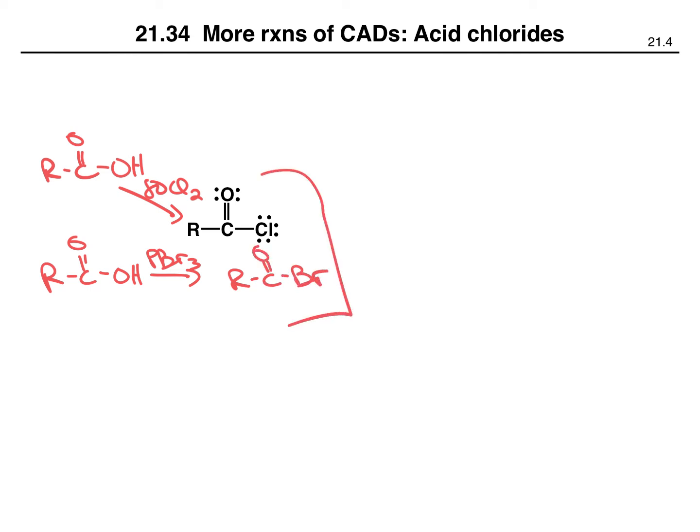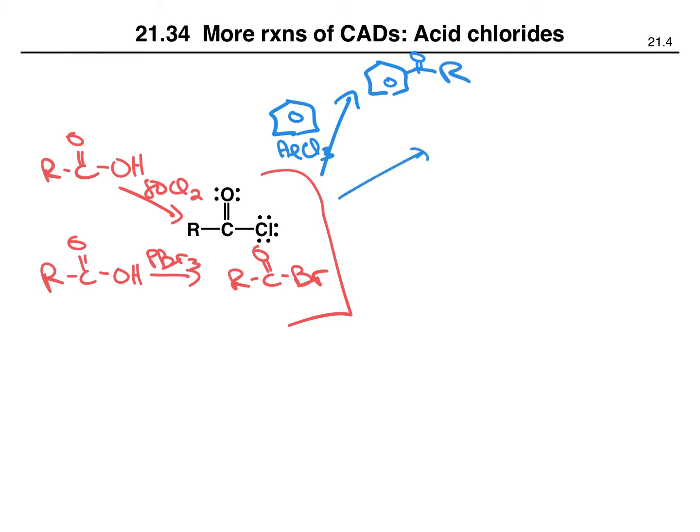Now, an acid chloride or an acid bromide will undergo the same reaction, so I'm just going to lump those together, and let's think about what we've seen. Early this semester, we saw that if we have benzene, for example, and aluminum trichloride with an acid chloride, this will give us a Friedel-Crafts acylation.